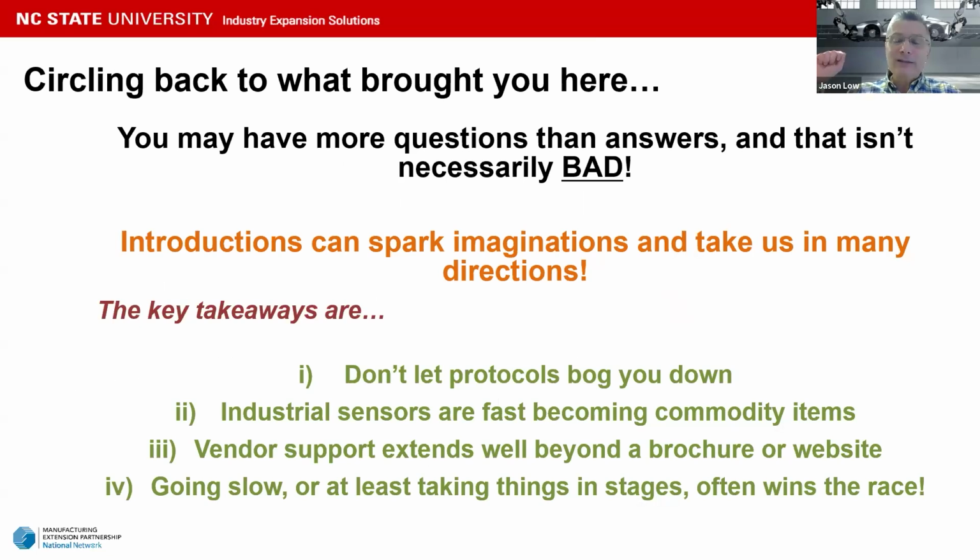As we close, I want you to leave here knowing that there are protocols out there, but don't let that intimidate you or bog you down. Again, we're here to help you as well. Industrial sensors are becoming commodity items. That sensor you could go find for under $200. That ultrasonic sensor, that's a smart sensor, right?